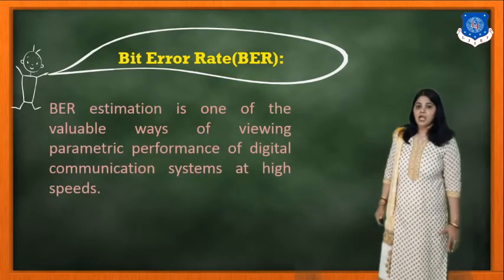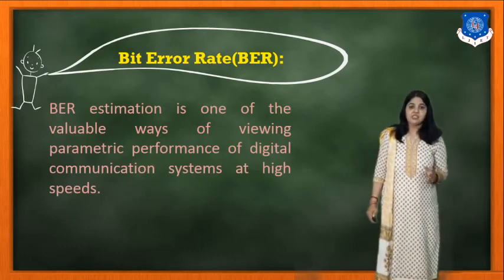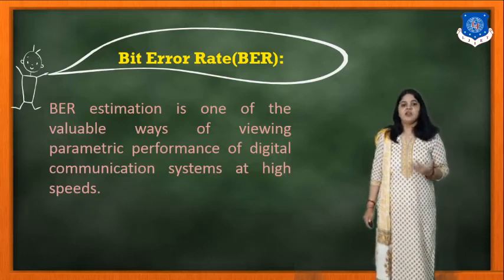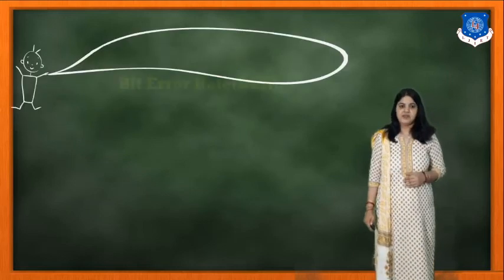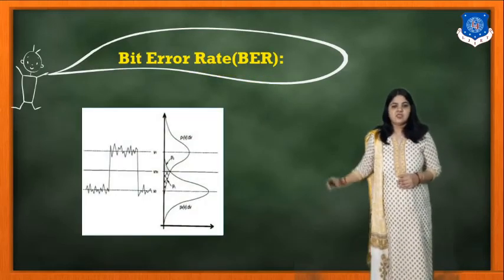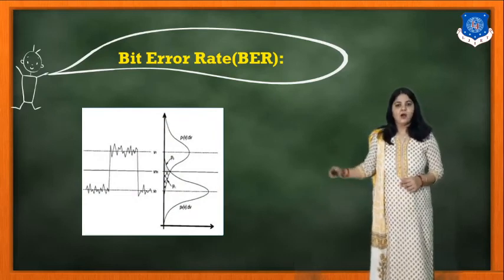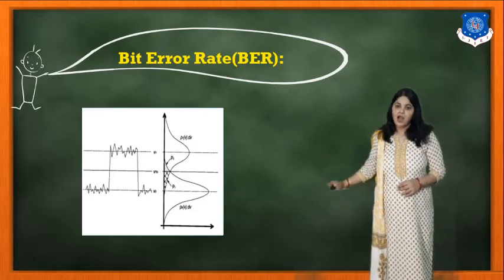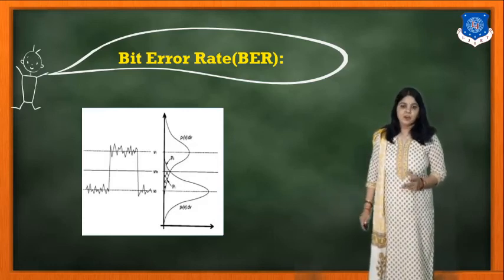So BER is one of the valuable ways of viewing the parametric performance of digital communication systems at high speed. This is the diagram. In it we can also see how one pulse is coming and how an error can be found in the pulses.